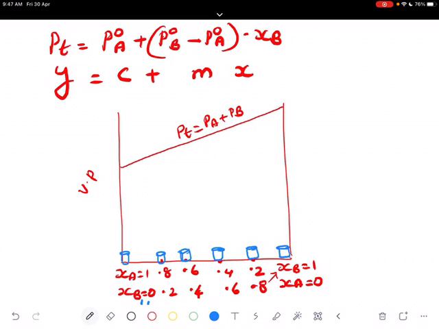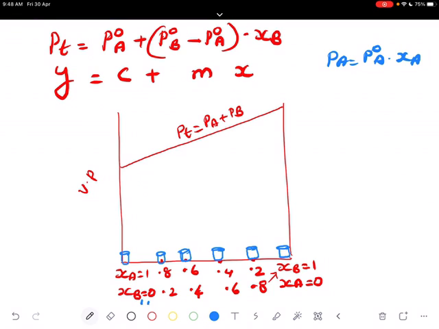So you see, in this way XA is decreasing. XA is equal to 1, then 0.8, 0.6, 0.4, 0.2. So XA is decreasing. We know that PA is equal to P naught A XA.